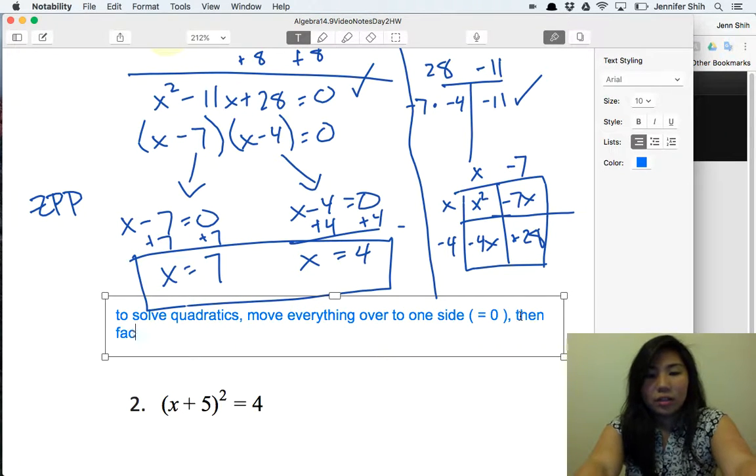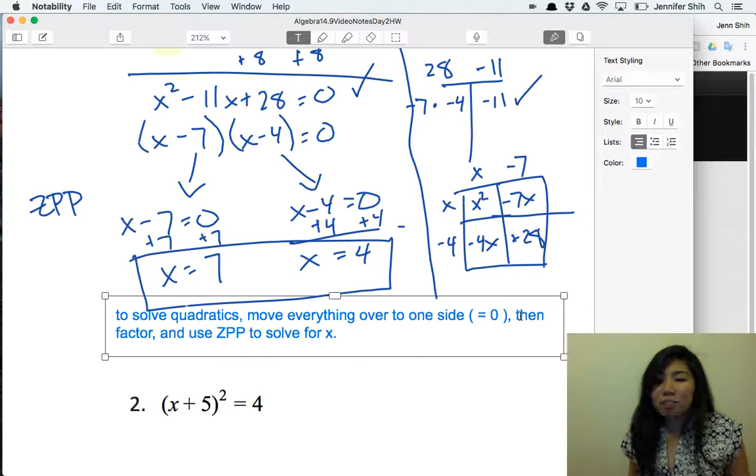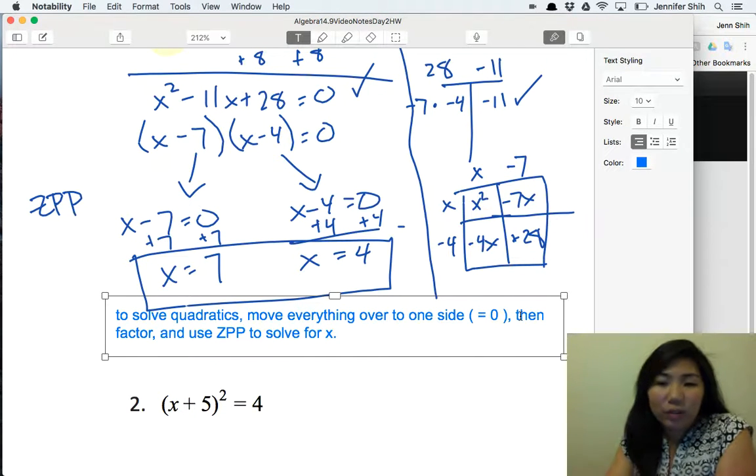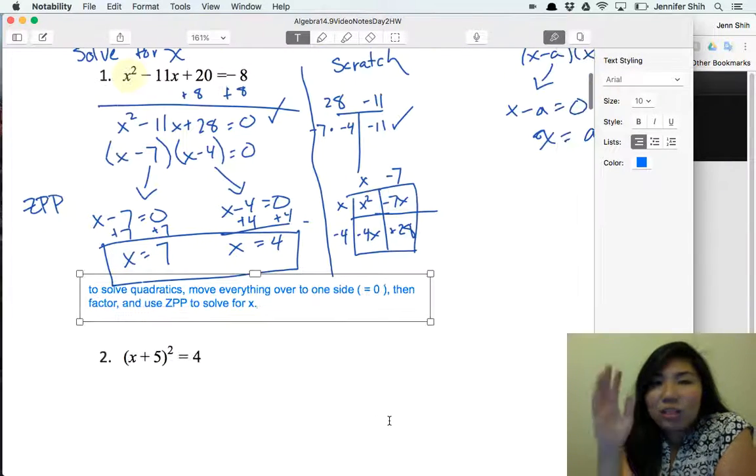Then factor, and use ZPP to solve for x. You can solve for x, or essentially the only variable that is there. Sometimes we have different variables represented there, but in this case, it's x. Okay, so that's the first example.